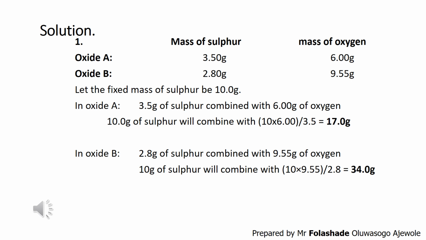Then in oxide B, it is noted that 2.80 gram of sulfur combined with 9.55 gram of oxygen. Then the fixed mass, which is 10 gram of sulfur, will combine with 10 times 9.55, that's a cross multiplication, divided by 2.8 gram, and that gives us 34.0 gram.